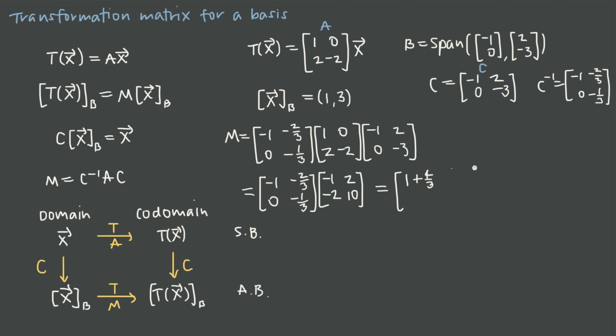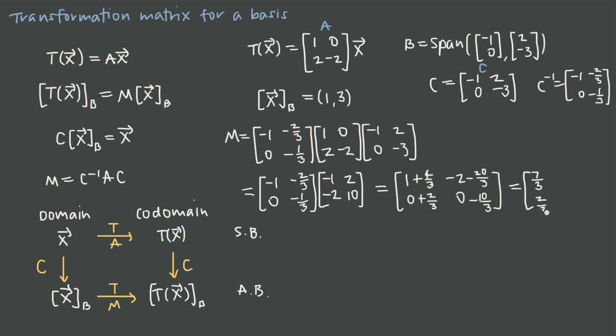Here we'll get -1 times 2 is -2, -2/3 times 10 is -20/3, and then 0 times -1 is 0, -1/3 times -2 is +2/3, and then 0 times 2 is 0, -1/3 times 10 is -10/3. When we simplify there, 1 is 3/3, so we get 3/3 plus 4/3 is 7/3.